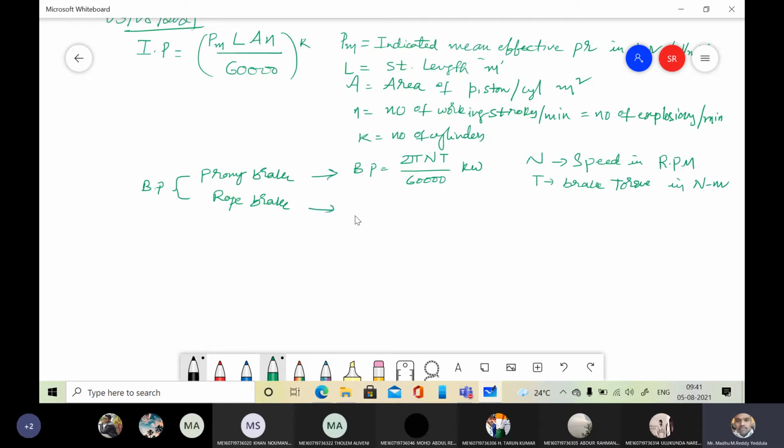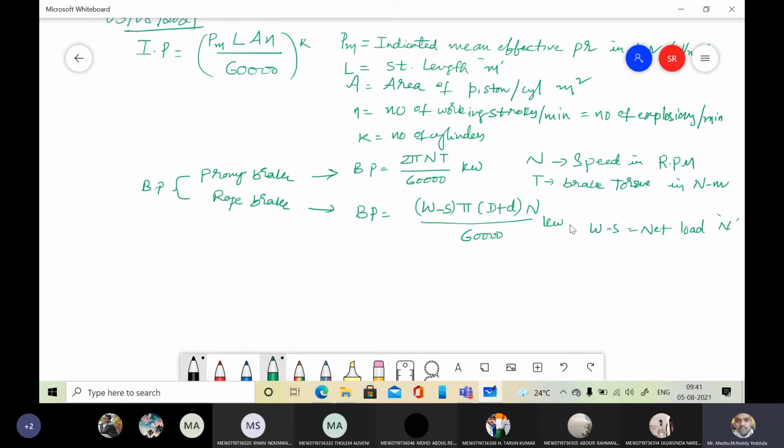According to the rope brake dynamometer, BP is equal to (W minus S), that is the net load, into pi into (capital D plus small d), that is the effective diameter, into N by 60,000 kilowatt, where W minus S is the net load on the brake drum. Net load should be in Newton.